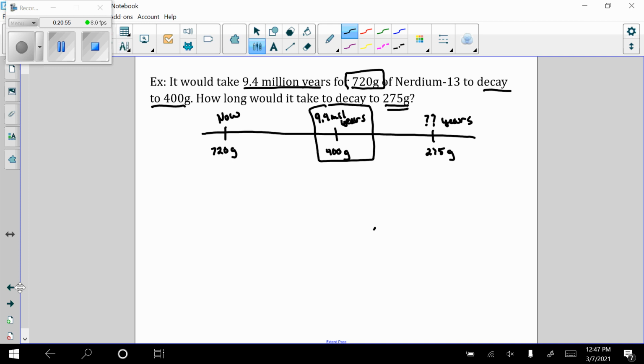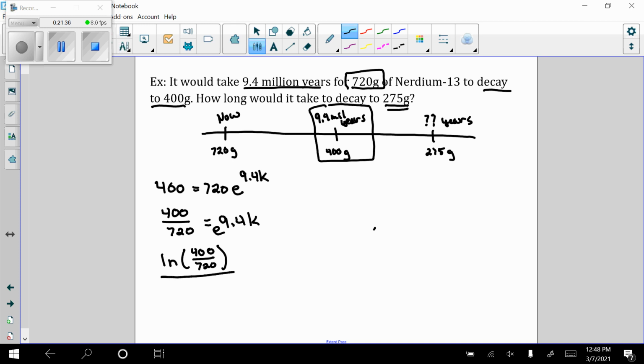All right, so the first thing we have to do is calculate our decay rate. So I know I have 400 grams, 720 E to the 9.4 K, because that's my time. So we should be getting a little quicker at this by now. So I need to take my, oops, I forgot my E. So I need to take my natural log of 400 over 720.